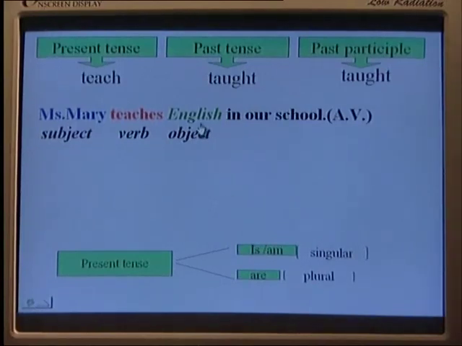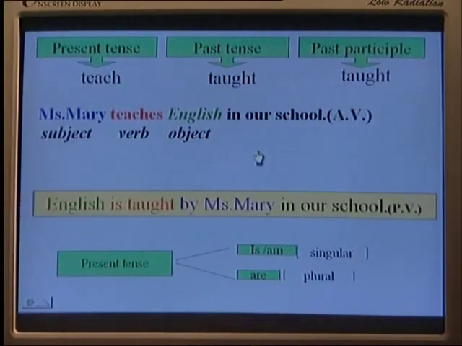Okay. In passive voice, when you change the sentence from active voice to passive voice, the sentence in passive voice begins with the object in active voice, that is English, and the verb here is taught, past participle form. So, in passive voice we use only past participle form.